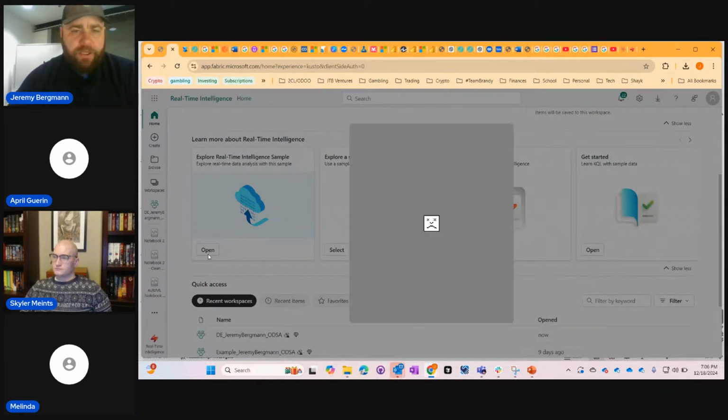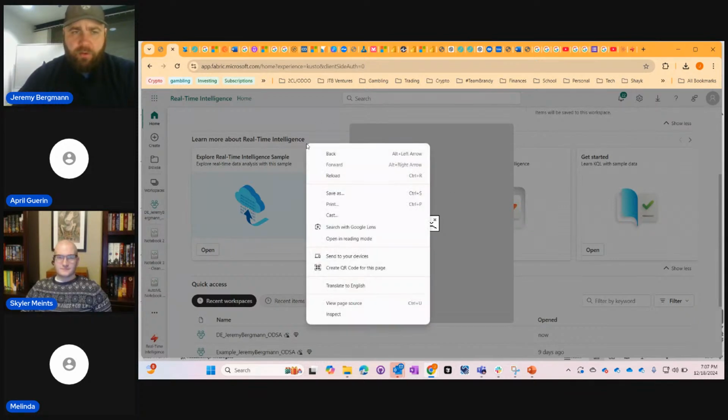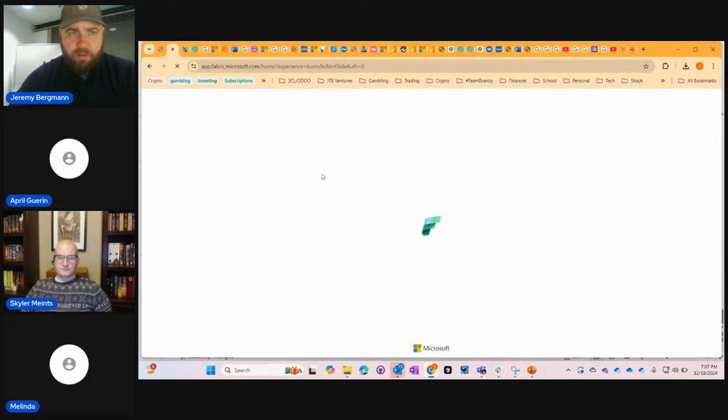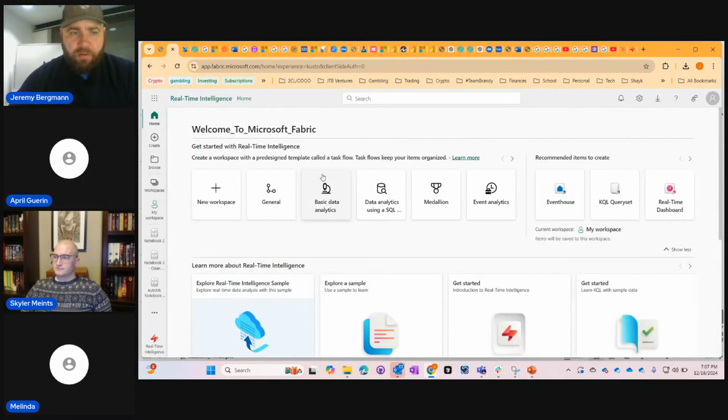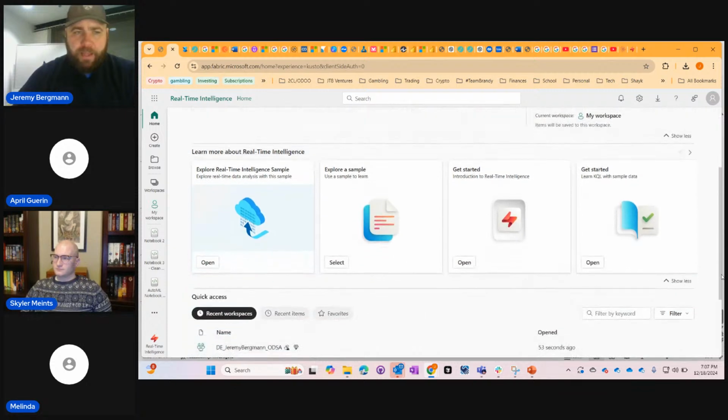So one thing I didn't mention in the lecture is that part of the real-time database and the processing creates what's called an event house.